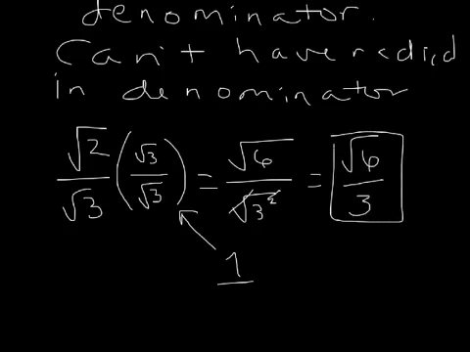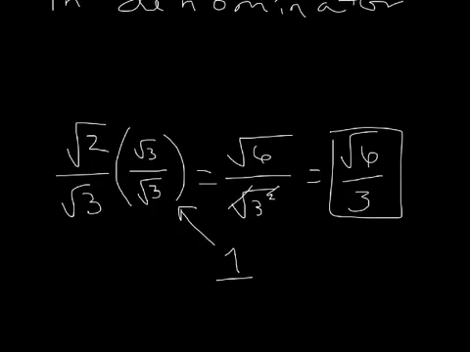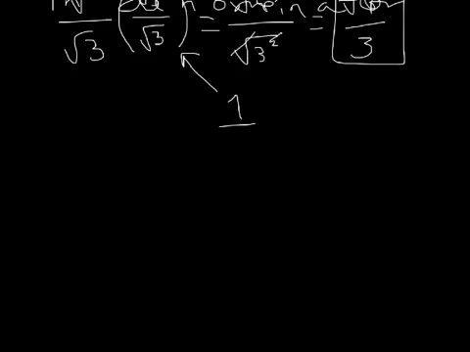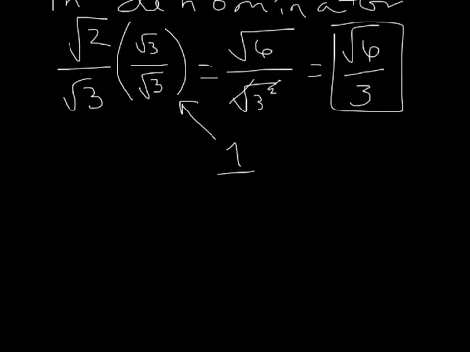Okay, so that's nice. Now what do we need to do to make this a little bit harder? What if I had the third root of 2 over the third root of 3.